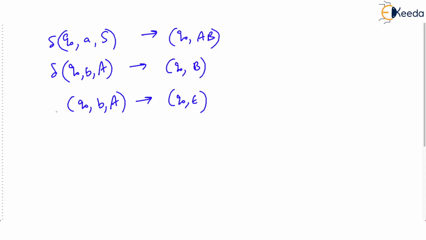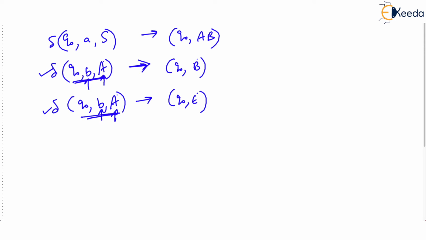Now watch this particularly. This delta and this delta. Isn't the configuration same? That means if the machine reads B and the top is A, same configuration, then it may result in replacing A with B, or it may result in removing A, that is replacing it with epsilon.